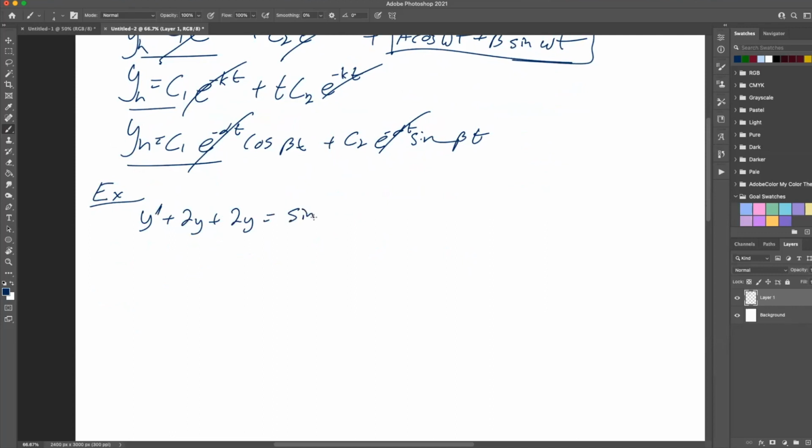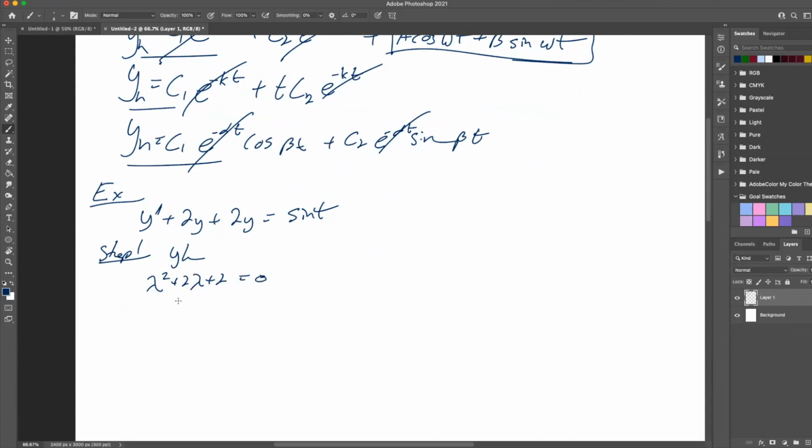And I'm going to force it just with some sine forcing, something really simple, right? All right, so we're going to solve this. Step one, we want to solve the homogeneous, or y_h. Here lambda squared plus 2 lambda plus 2 is equal to 0.